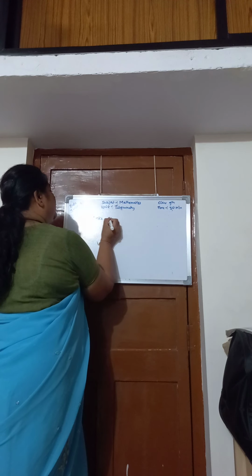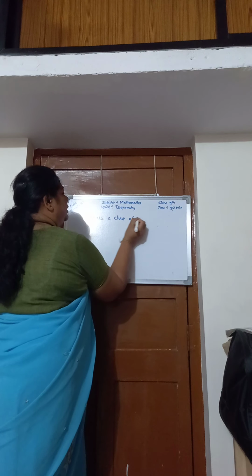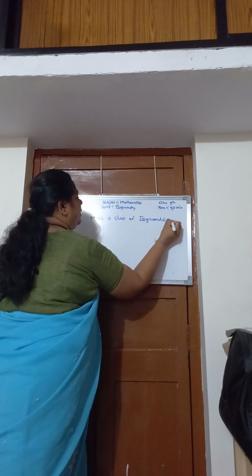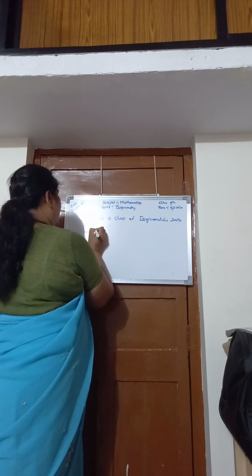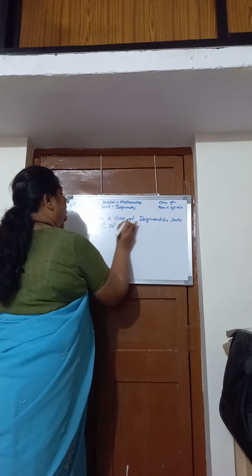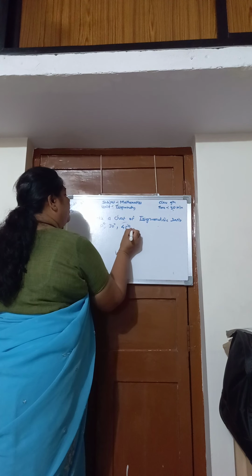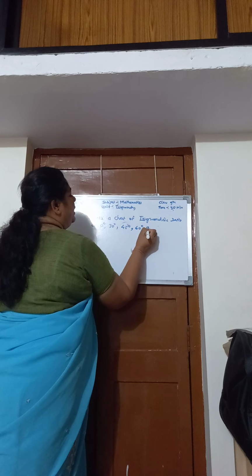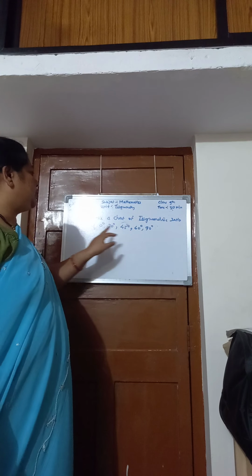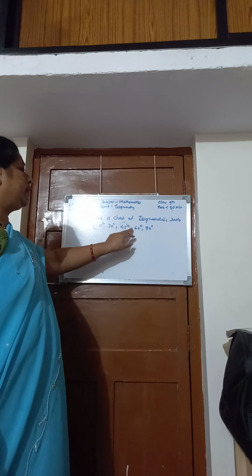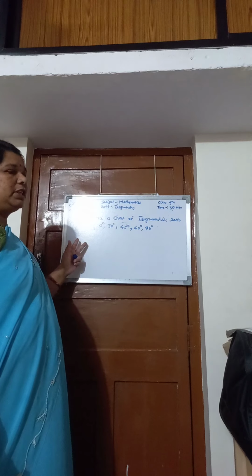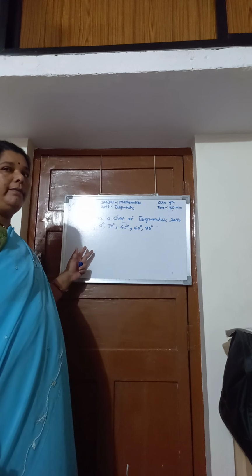Make a chart of trigonometric ratios of 0 degree, 30 degree, 45 degree, 60 degree and 90 degree. I have already given you a chart. You have to study it, and tomorrow I will take a test.